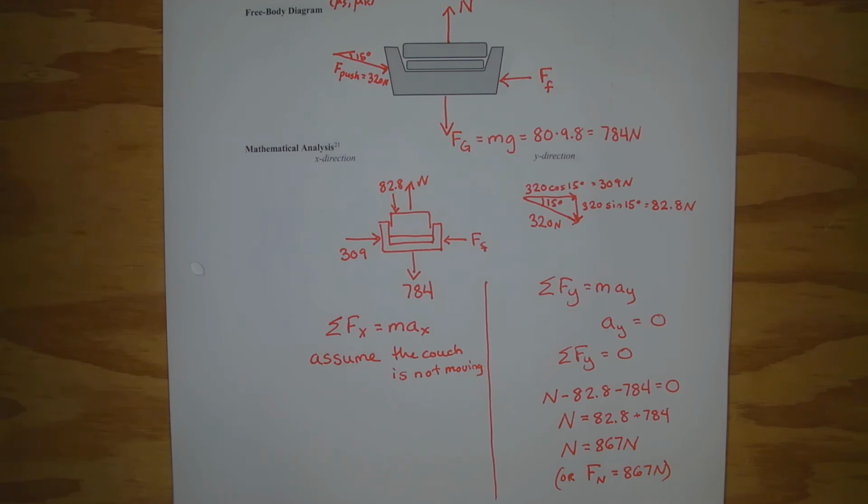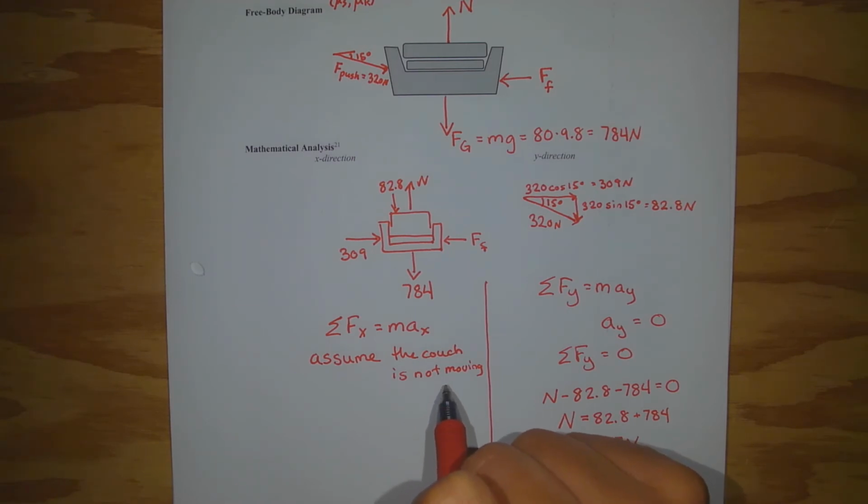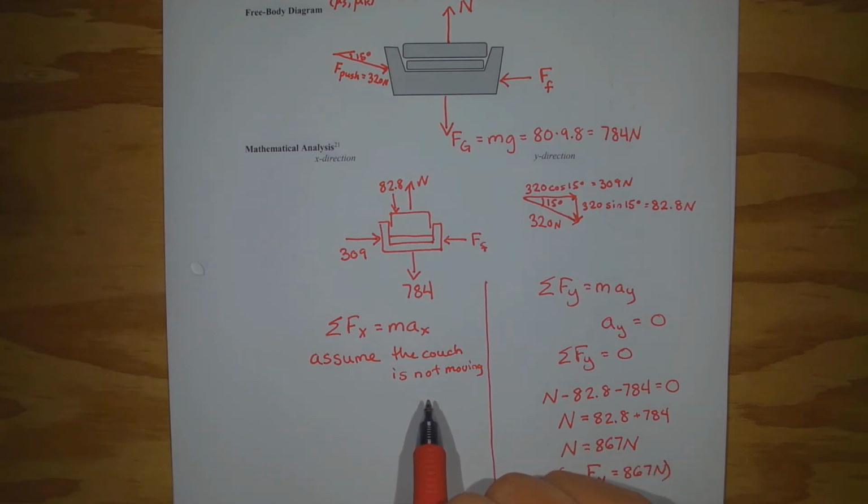And if the maximum value for the force of static friction is greater than or equal to the force of static friction that we find assuming that the couch is not moving, then the couch is not moving and we can be done. If the force that we would have to have in order to keep the couch from moving is greater than the maximum value for the force of static friction, then our assumption is wrong. The force of static friction can't be that large and the couch is actually moving.